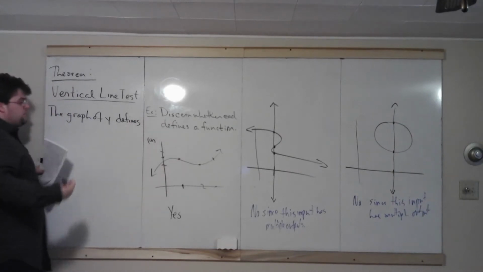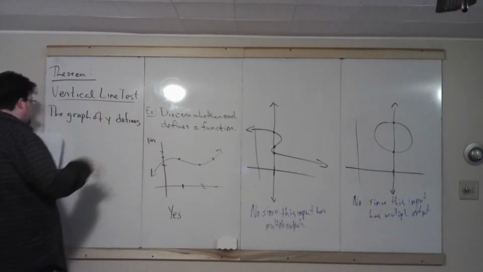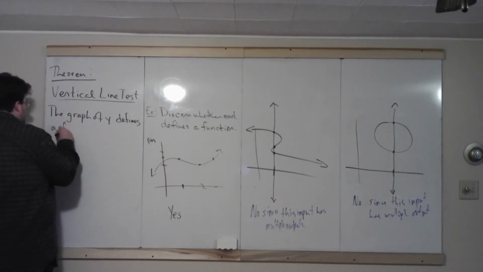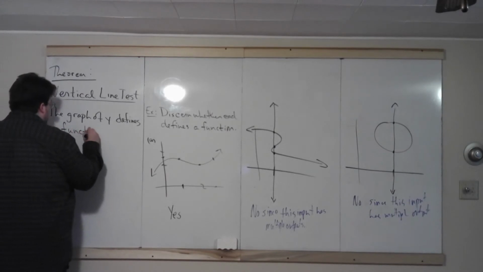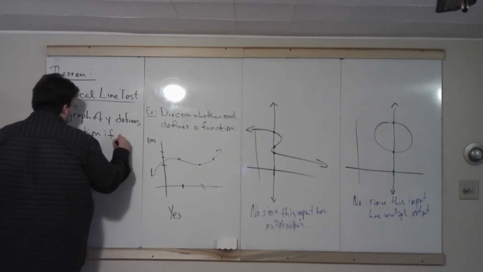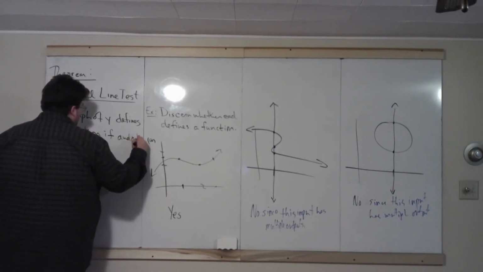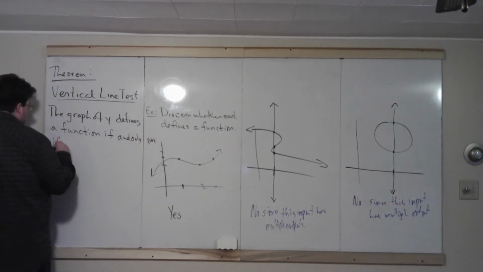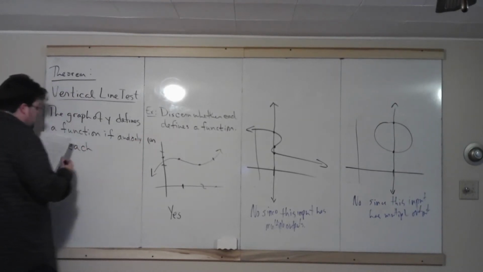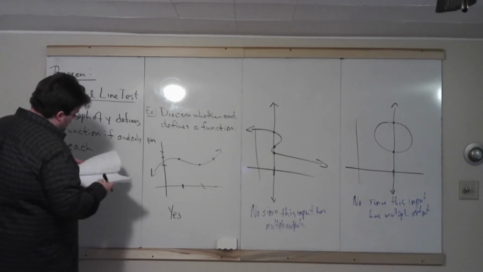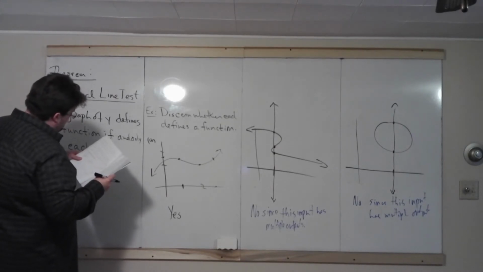Right there, that's a graph of y in terms of x. I'll just say the graph of y defines the function if and only if each vertical line intersects it no more than once, I think is how I wrote it.